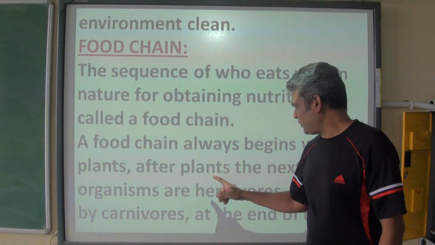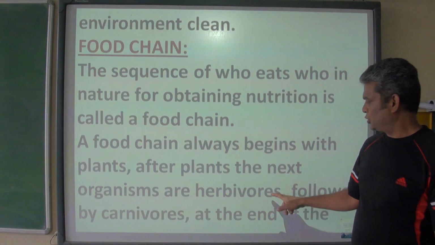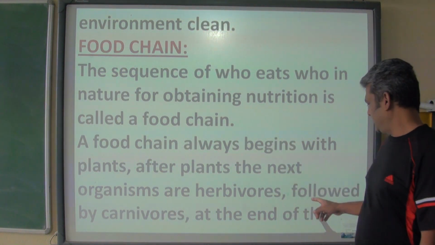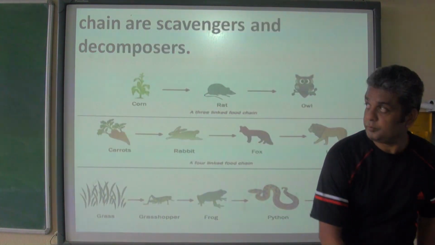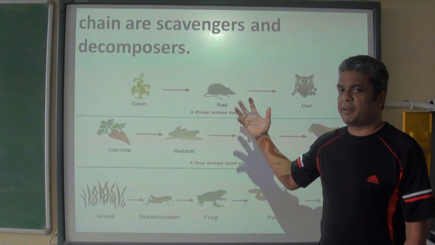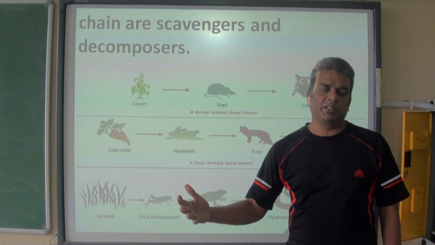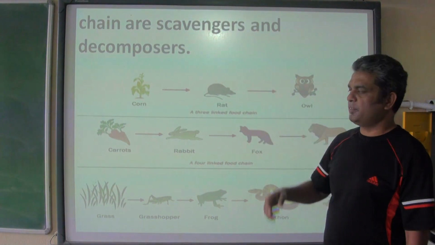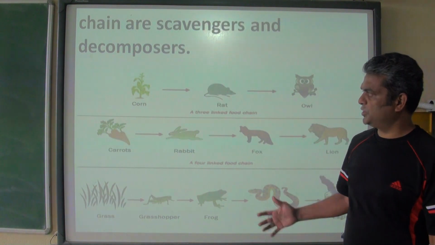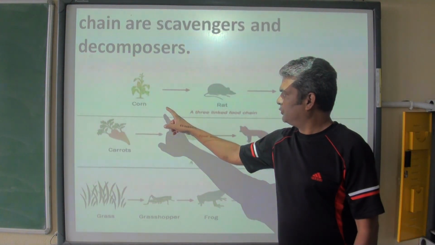Remember this. After plants, the next organisms are herbivores, followed by carnivores. At the end of the food chain, there are scavengers and decomposers. So it begins with plants, then herbivores, then carnivores, and it ends with scavengers and decomposers.